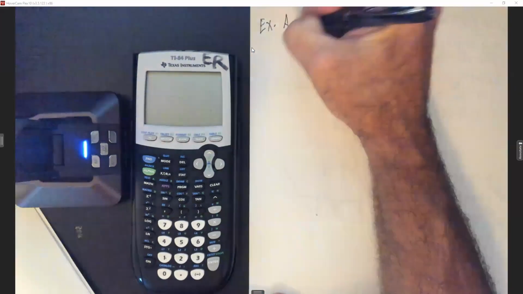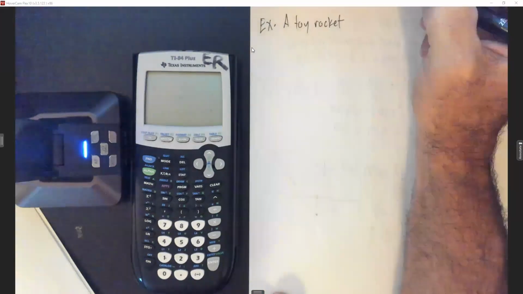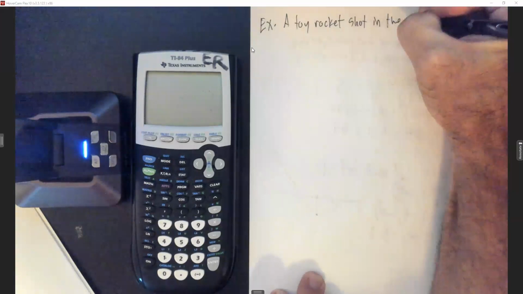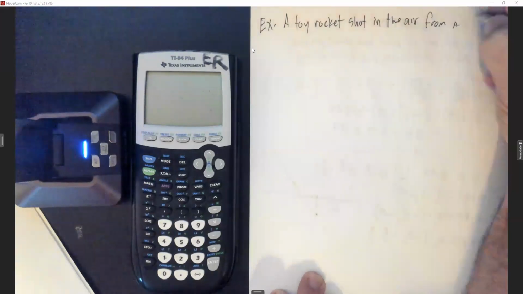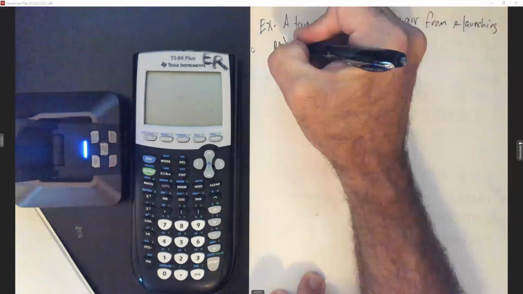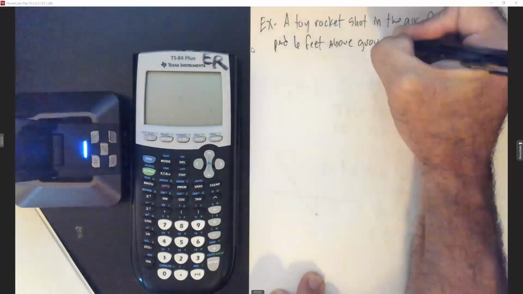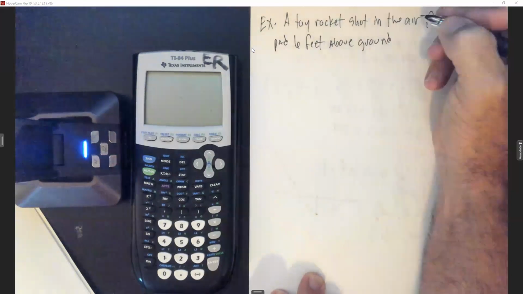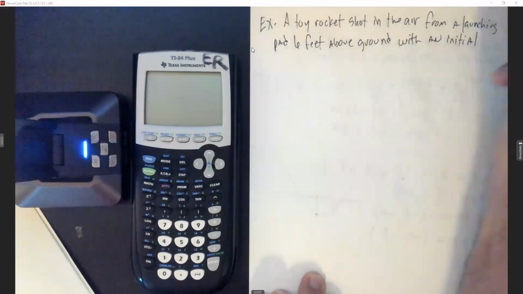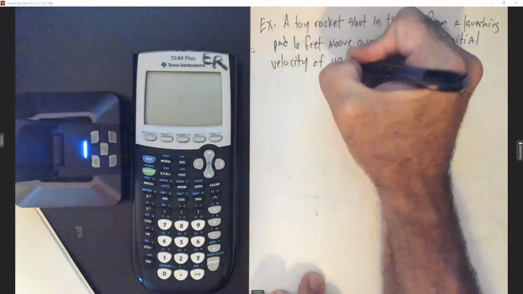So a toy rocket is shot vertically into the air from a launching pad that is 6 feet above the ground with an initial velocity of 112 feet per second.